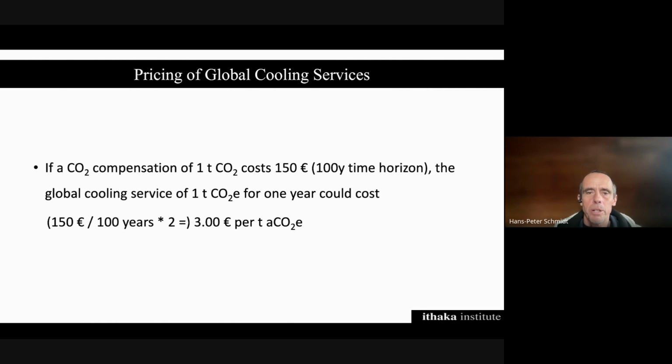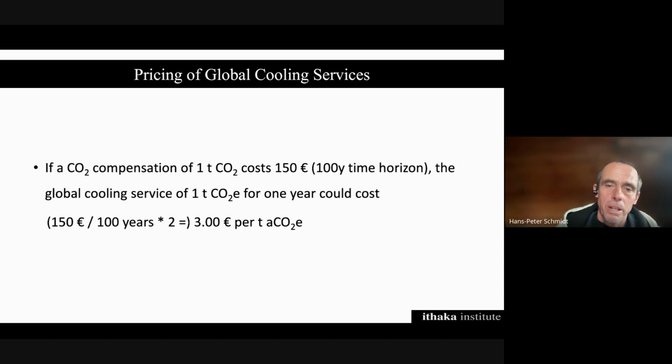If you calculate that in the current market, 1 ton of CO2 forever costs 150 euro. Let's say 1 ton CO2 carbon sink for 1 year costs 3 euro, which is like 150 divided by 100 years, and we double it because it's more work, more administration, more certification, and you get this short-term effect right now.